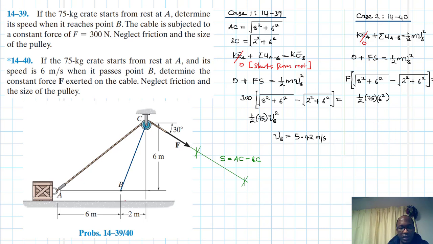And therefore making F the subject of the formula, this just gives us 8 squared plus 6 squared square root minus 2 squared plus 6 squared.